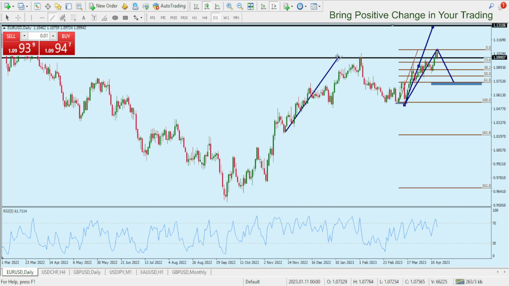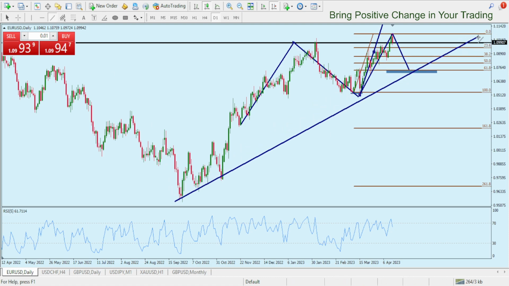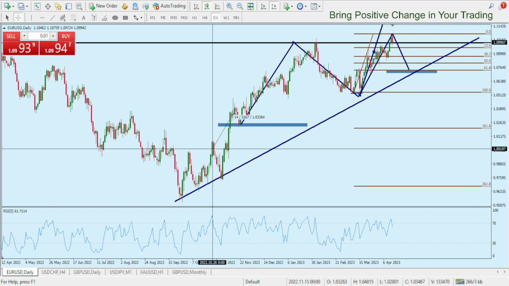Just this, then a pullback, and even this pullback was tradable as well. See how nicely it fell down. But let's say we don't trade the pullback, we just want to be in the trends. See, what's difficult in this? Nothing, right?